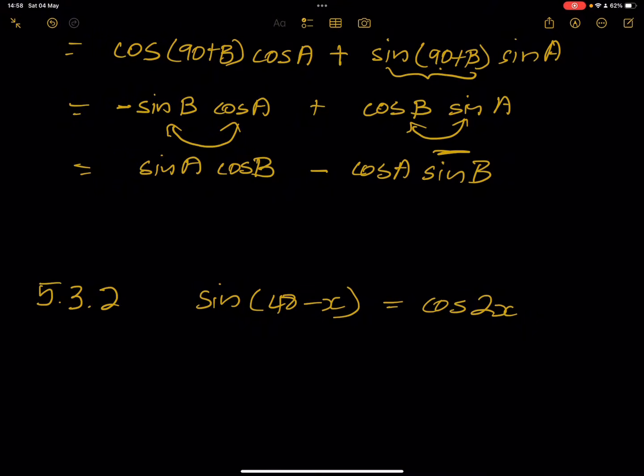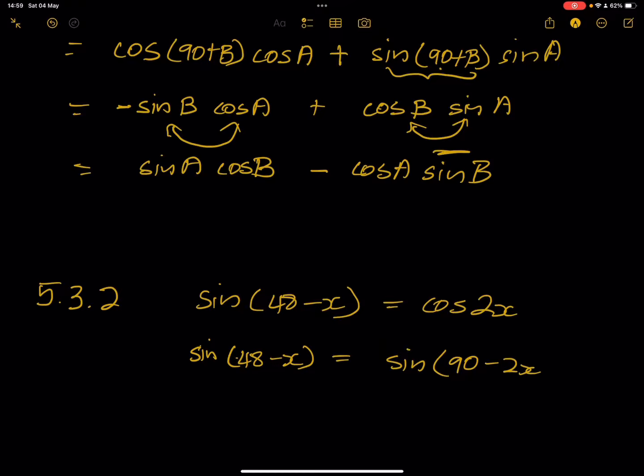So remember, for the general formula, ladies and gents, whenever I've got sine and cos on either side, I make it into the same trig ratio. And how can I do that? That would be sine of 48 minus x, which is equal to the cos of, that's 90, this is equal to the sine of 90 minus 2x.